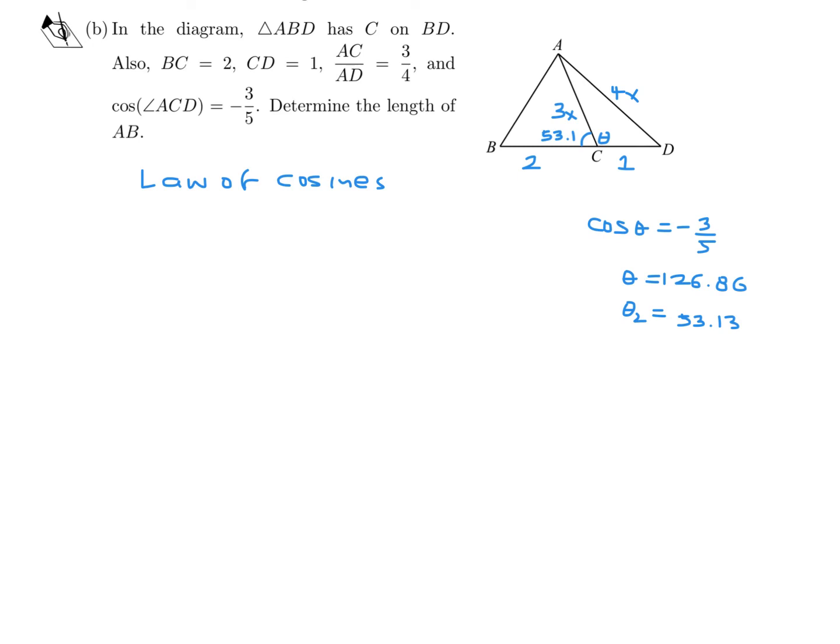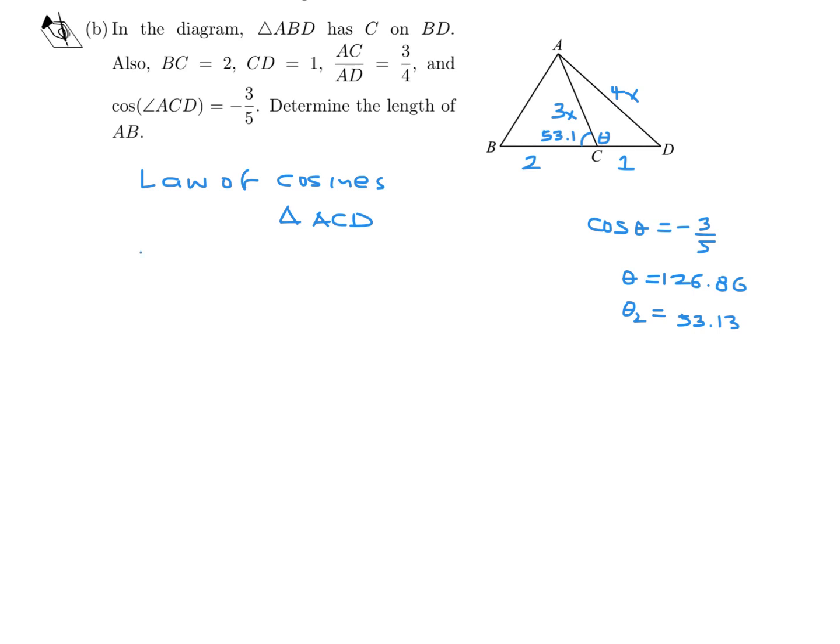All right, so let's first decide which triangle you want to use. Probably triangle ACD, I'm pretty sure, because we have to figure out the value of x. Okay, here we go.